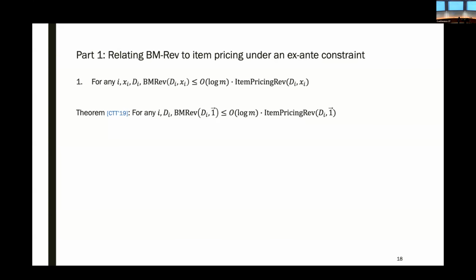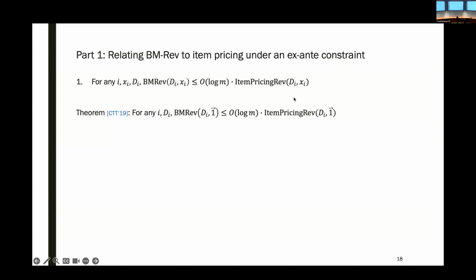We want to make sure that the mechanism we offer satisfies those probabilities of allocation. On the left-hand side, we have by many revenue, from some mechanism that satisfies these ex-ante constraints xi. And on the right-hand side, we have the same thing, but with item pricing.